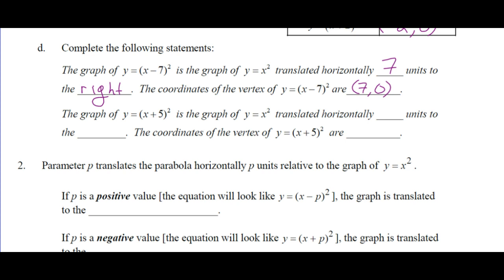The graph of y equals (x plus 5) squared is the graph of y equals x squared translated horizontally 5 units to the left. The coordinates of the vertex are negative 5, 0.